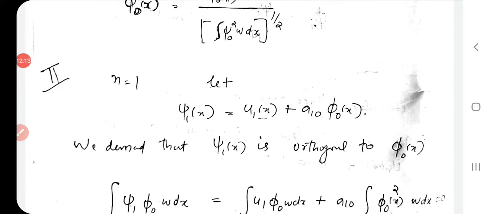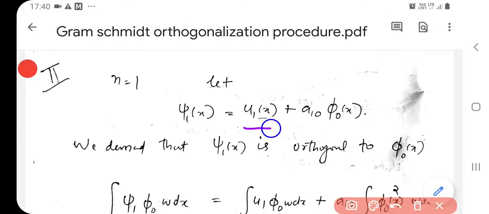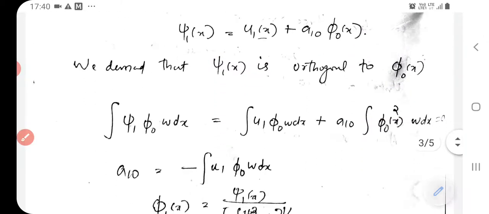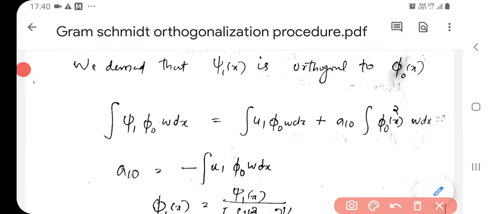So in the second step, we put n equal to 1 and psi 1 of x is chosen as u1 of x plus a10 phi 0 of x, where we demand that psi 1 of x is orthogonal to phi 0 of x. So that condition is taken here. Psi 1 is orthogonal to phi 0.